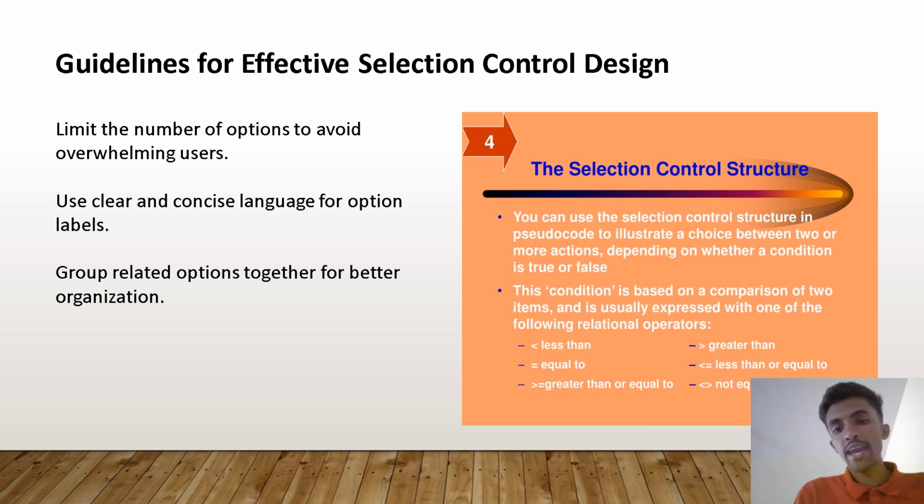I have given an image where we can use this selection control structure in pseudocode to illustrate a choice between two or more actions depending on whether a condition is true or false. This condition is based on a comparison of two items and is usually expressed with one of the following relational operators: less than, equal to, greater than or equal to, greater than, less than or equal to, not equal. So these are some guidelines for effective selection control.